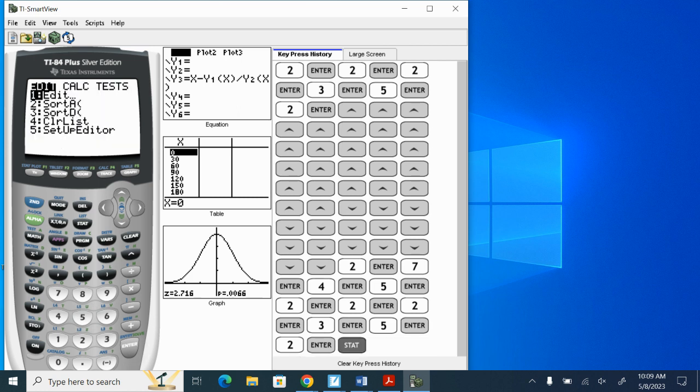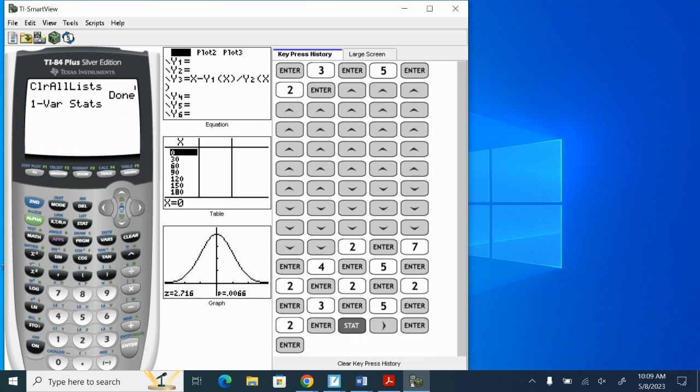Okay, go to your stats, your calculate one variable statistics. You can pull off your X bar 3.83 and your standard deviation 1.43.